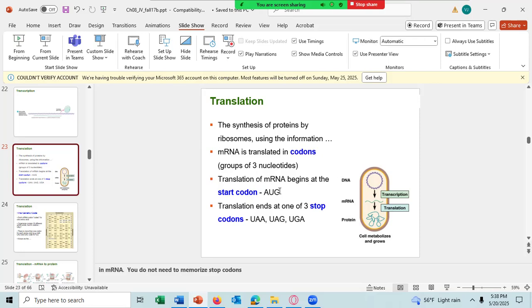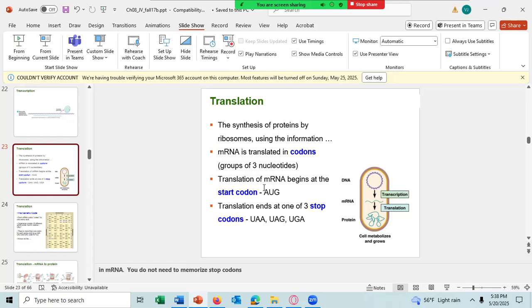And AUG does a second function, and that is it also codes for adding the amino acid methionine. That means all proteins always start with methionine. And if the protein doesn't want the methionine as the first amino acid, then that first amino acid has to be removed. Any question about any of that?